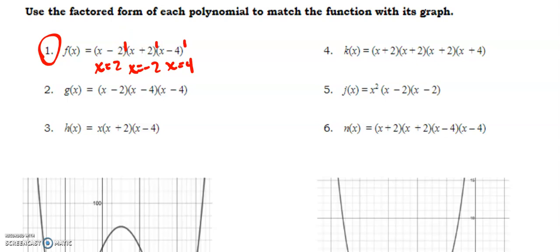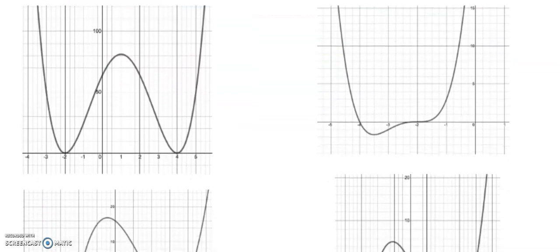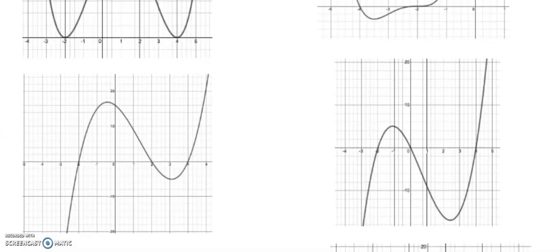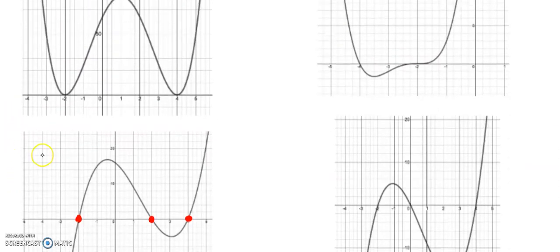So I need to cross through at 2, at negative 2, and at 4. Negative 2 and 4, nope, touching and bouncing. Negative 4 and negative 3, no. Negative 2, 2, ooh, and 4. I think that's my winner. At 2, negative 2, and 4, I am crossing through. So this one matches with, what did I label that? As number 1.